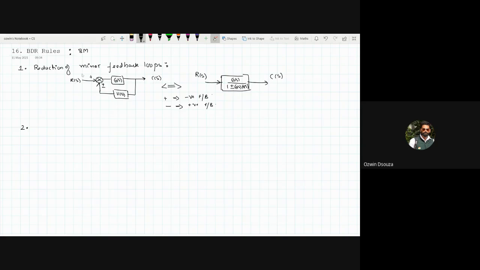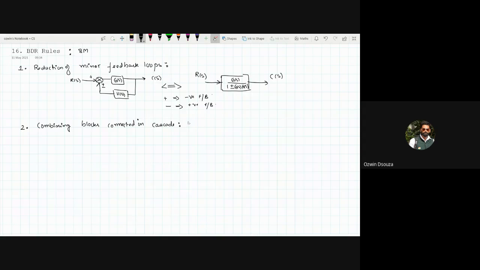Like this, you have different rules. Let's discuss rule number 2. Rule number 2 talks about the reduction of blocks connected in cascade, that is, combining blocks connected in cascade.